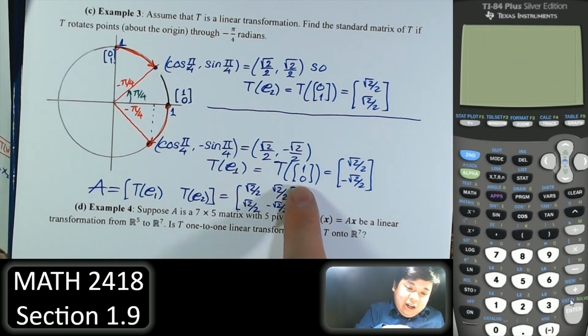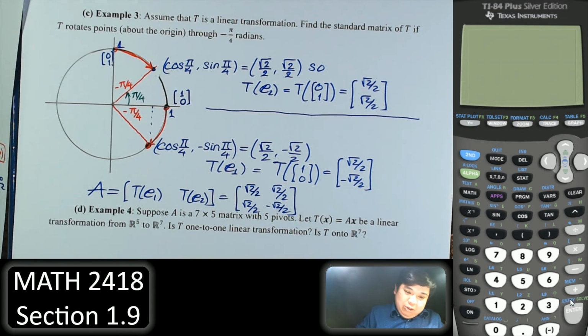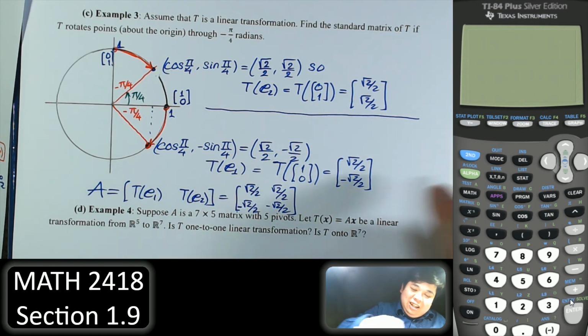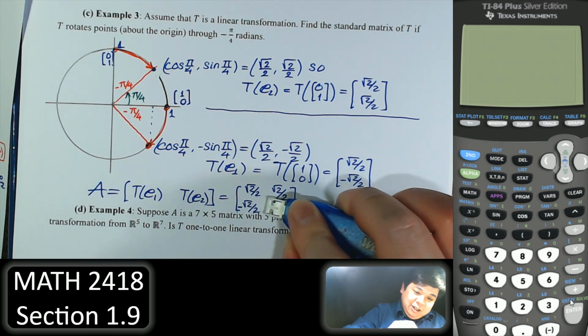T of E1, so this will be negative. Yeah, this is T of E1 and this is T of E2.